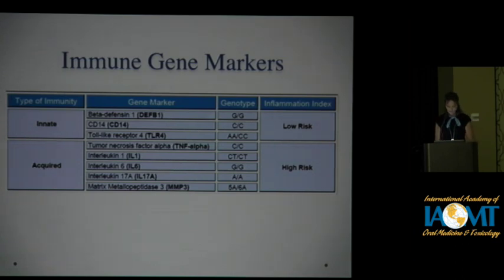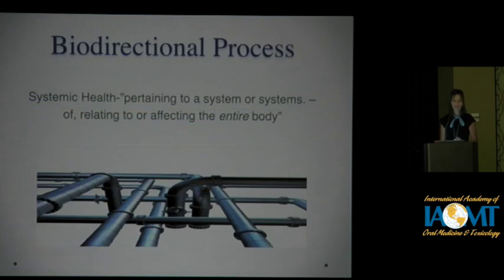So all this is a systemic process, and that used to be what I had on this slide. I had systemic process up here, and I was reading some research called the bidirectional relationship with P. gingivalis. Well, I had a typo in there, and I put biodirectional process, and I kept it because I think biodirectional is really what this is all about.